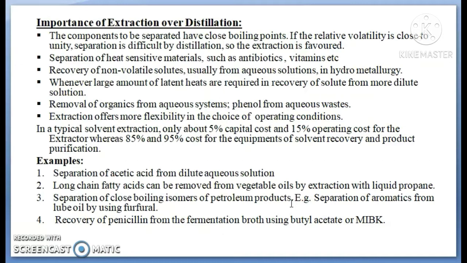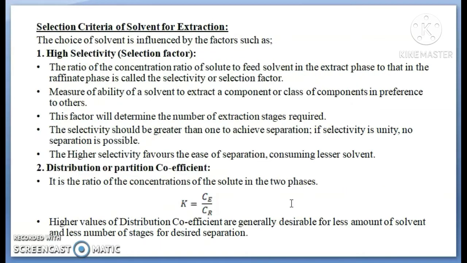Recovery of penicillin from the fermentation broth using amyl acetate or butyl acetate or MIBK can be done using extraction operation. Then the selection criteria of solvent as an extracting solvent for extraction operation.